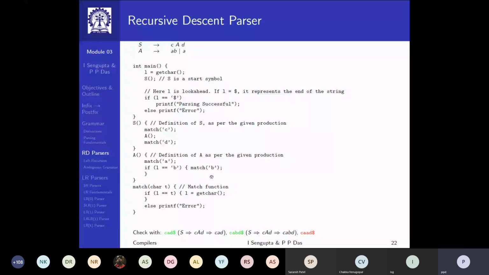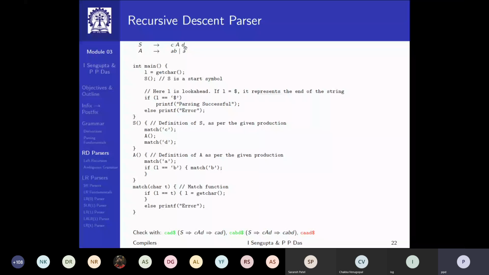If it is not a B, then what do you expect? You expect it to be dollar, but it could be something else also, because your string could be a wrong one. If it is not a B, then actually you do not know what it could be, because it is outside of this production rule.